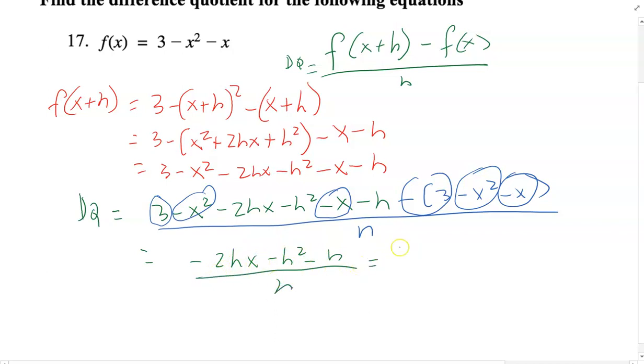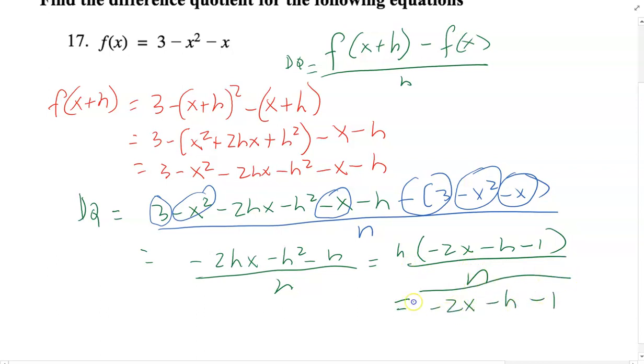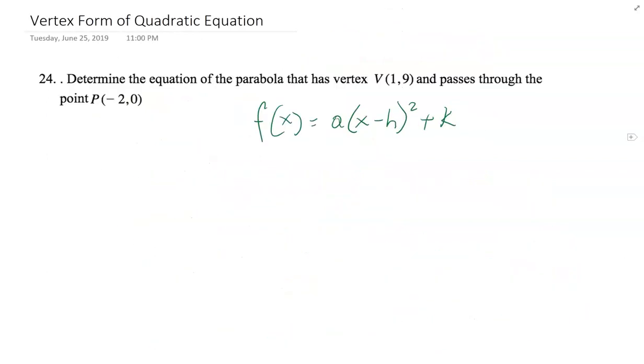We can factor out this h to give negative 2x minus h minus 1 over h. So your final answer will be negative 2x minus h minus 1. And that's your final answer.